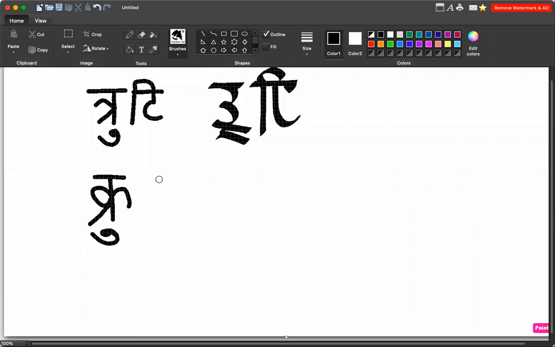I'll just draw this. For example, there is a letter which says Krud. I'll come to Krur also because my understanding is it would have the Dirg U. I'll come to that also. I'll just write this word for you in the meantime.